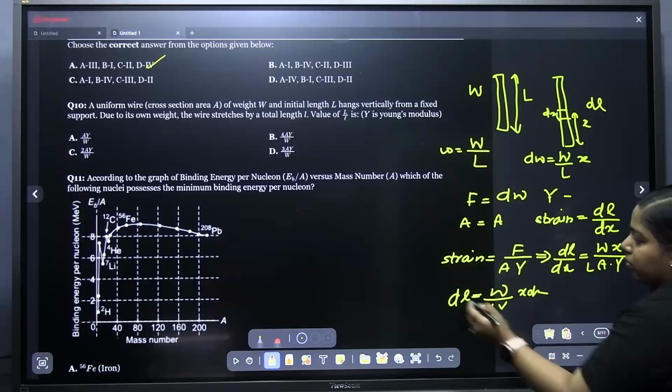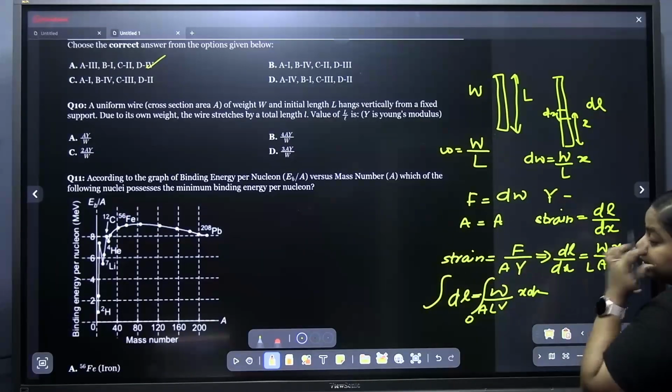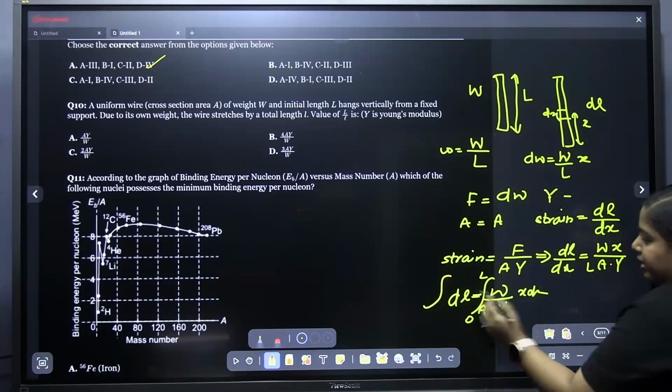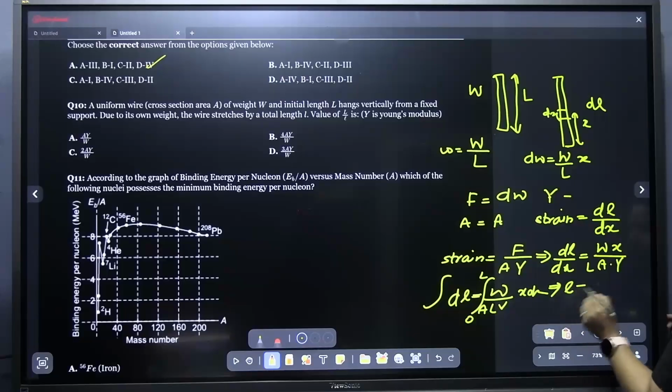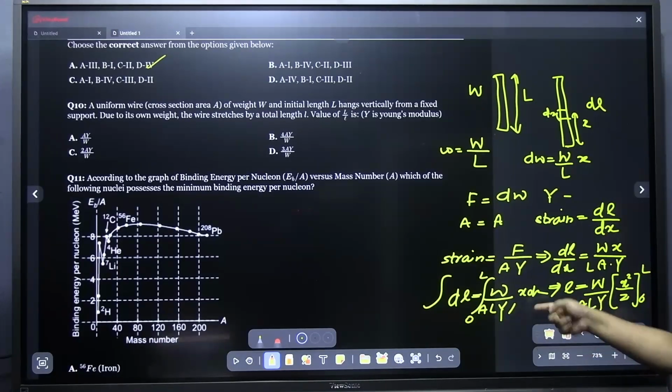Now integrating on both sides, from 0 to L, we are starting from this point to maximum length L, you will get l equal to W by A L Y, x square by 2 from 0 to L. So L square by 2 will come, L will get cancelled, and you can bring L to this side.